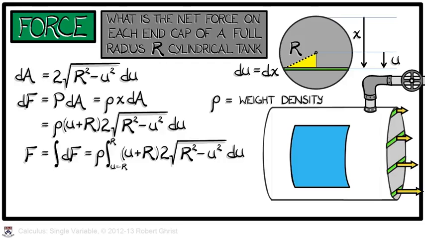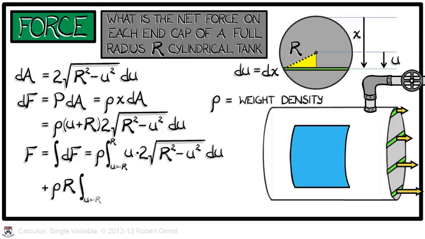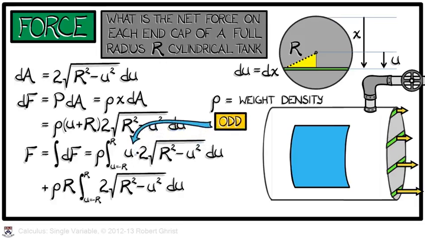The resulting integral allows us to pull out the constant weight density, rho. As we've seen in similar integrals in the past, what is going to work best is to split this up into two integrals, distributing the multiplication over the addition, and noticing that one of these integrals has an odd integrand, integrated from negative r to r.